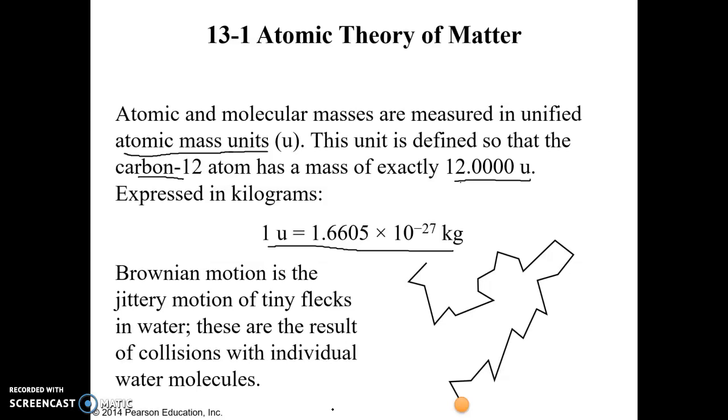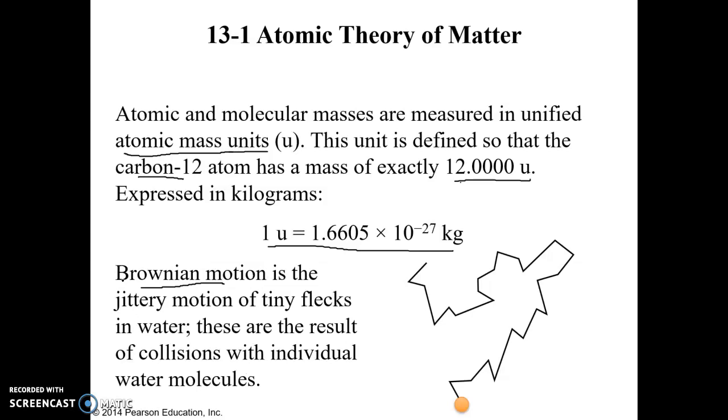And then the next thing, like I said, we're not focusing on a high level of detail on the makeup of atoms, the electrons and neutrons and protons, but we're going to talk a little bit about the way atoms move around. Brownian motion was detected when little flecks of dust landed on a surface of water.